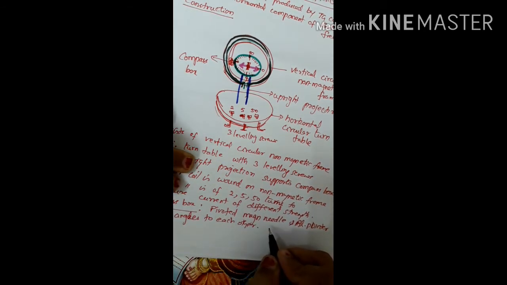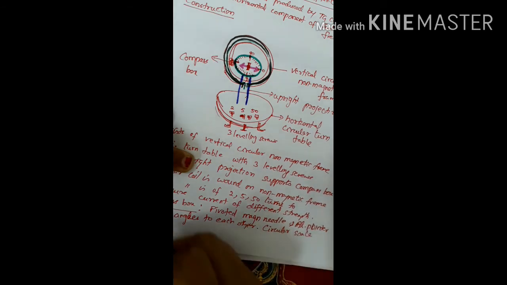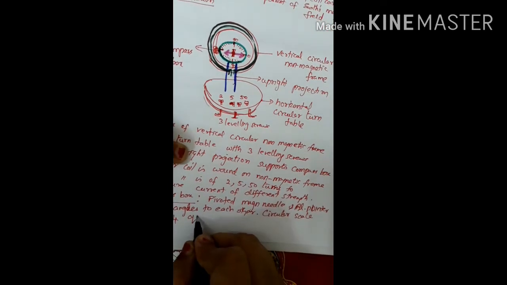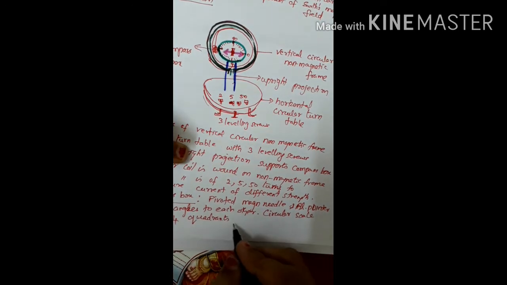Then a circular scale is there, right? Circular scale has 4 quadrants. Right children?